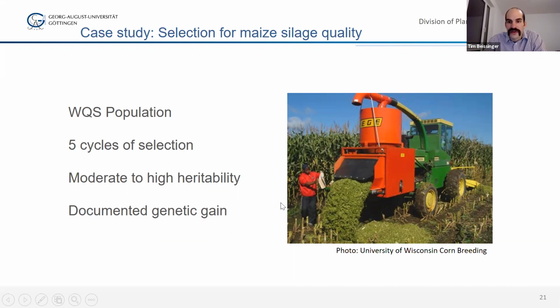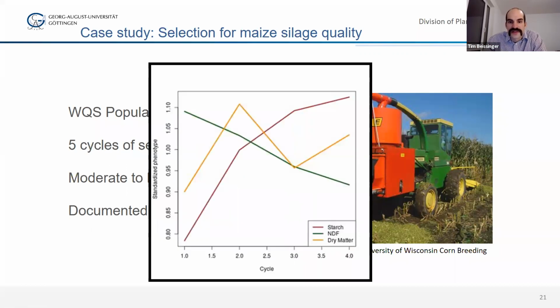So let's just take a look at some of the traits. This is a subset of traits that they've measured in the population. The first is the starch content, which increased over the course of the breeding program. This was expected. The next one is neutral detergent fiber in green. This has decreased. So NDF it's abbreviated as, and it'll be abbreviated that way in a few more slides also.